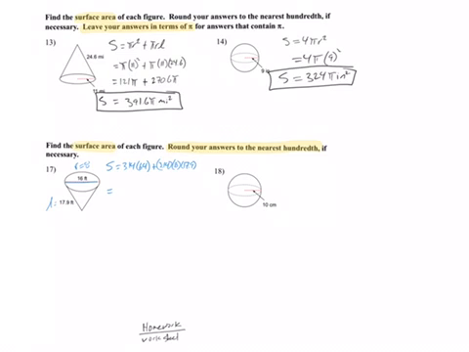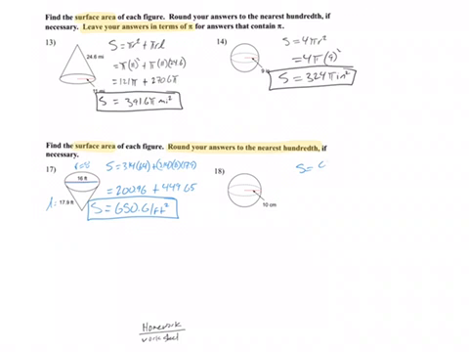Surface area is going to come out to be 200.96 plus 449.65. When you add those two together, you get 650.61. It's going to be feet squared, because I'm talking about surface area.